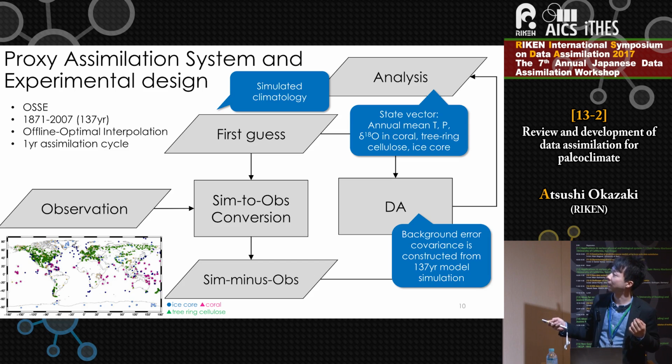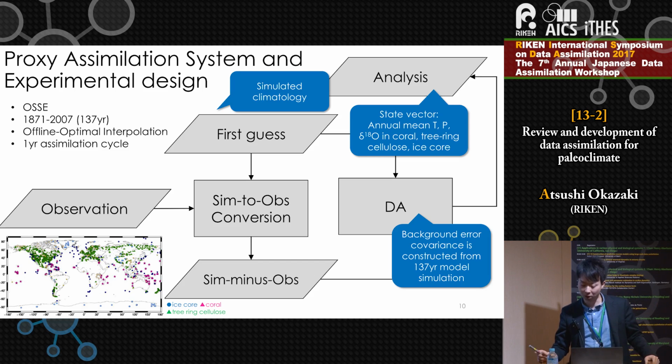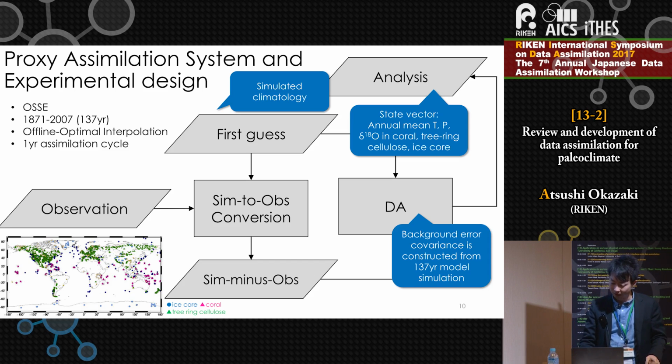The analysis is not cycled to the simulation. The state vector includes the annual mean of temperature, precipitation, and isotope ratio in coral, tree-ring cellulose, and ice cores. Simulated climatology is used as the first guess, and the background error covariance is constructed from the long-term model simulation.